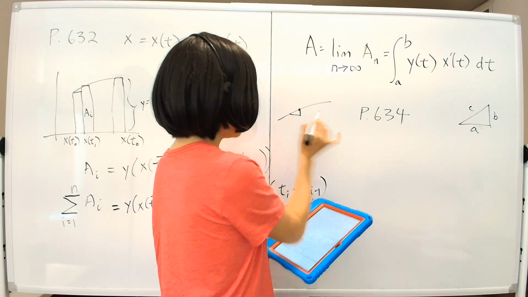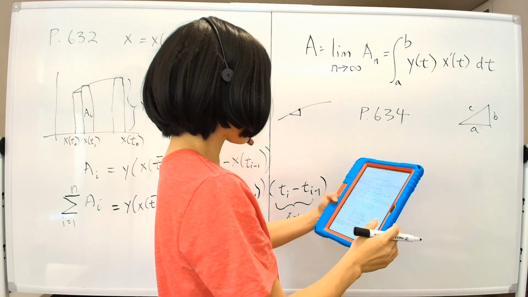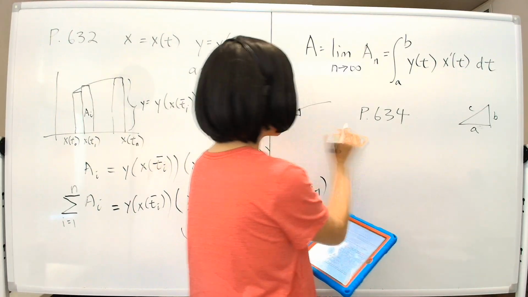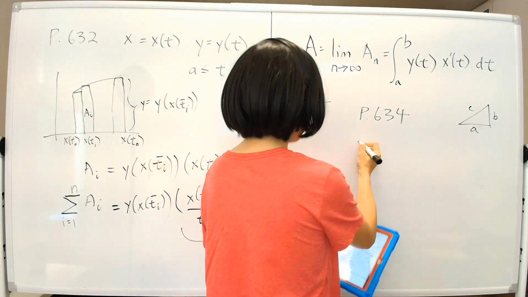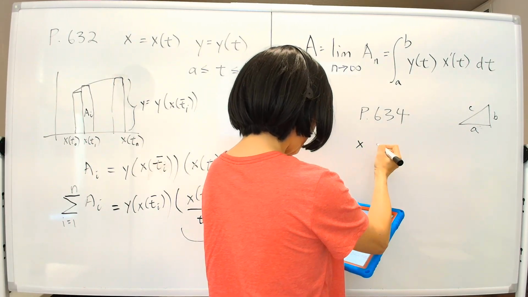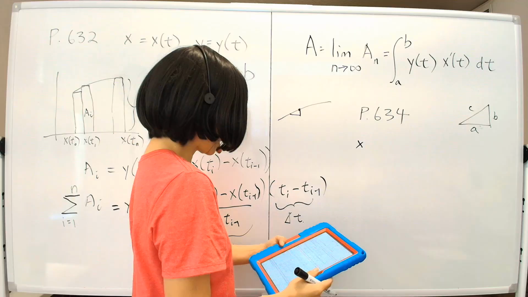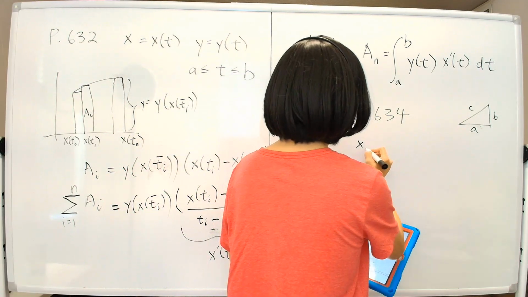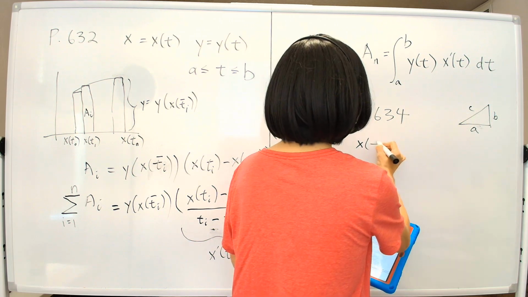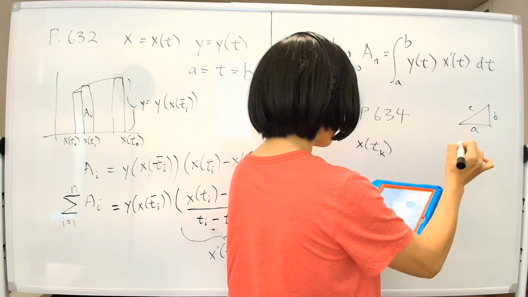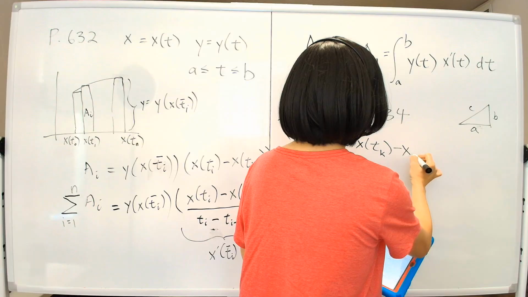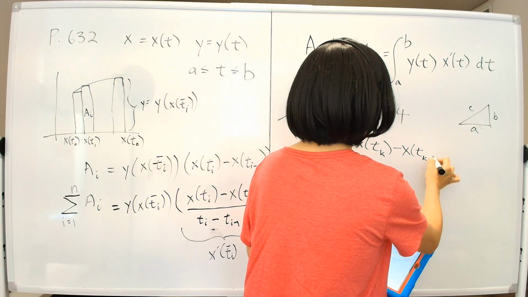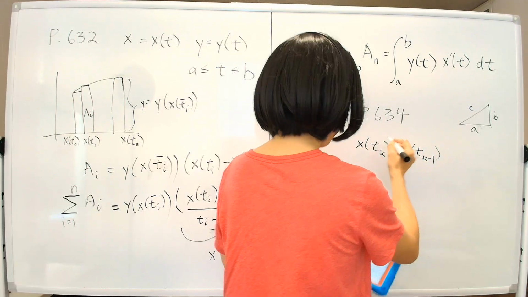And what is that? That's the difference in x. So we will calculate it the same as before. This time your book wants to call the index k, even though we called it i before. So we'll have x of t_k minus x of t_{k-1}, and this thing is being squared.